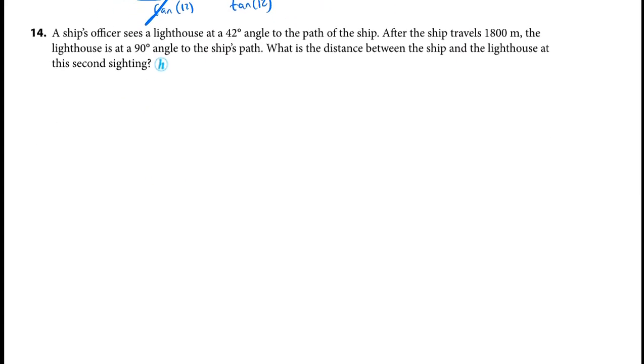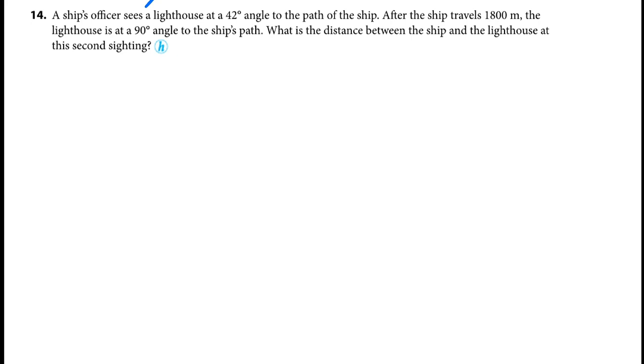All right, so a ship's officer sees a lighthouse at a 42 degree angle to the path of a ship. Okay, so here's this ship, and it was going this direction, and there's a 42 degree angle, so 42 off to some side. He sees a lighthouse. So here's a lighthouse, okay? And then there's a light at top.